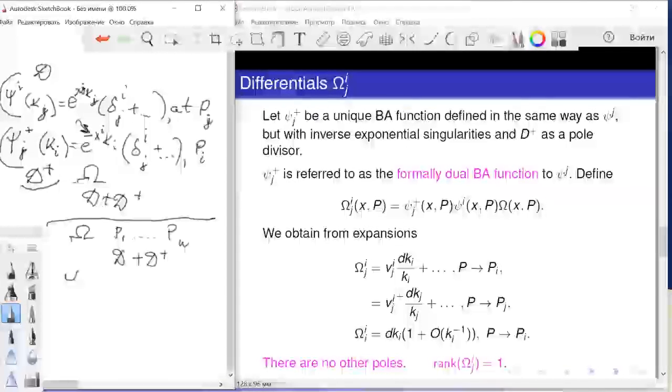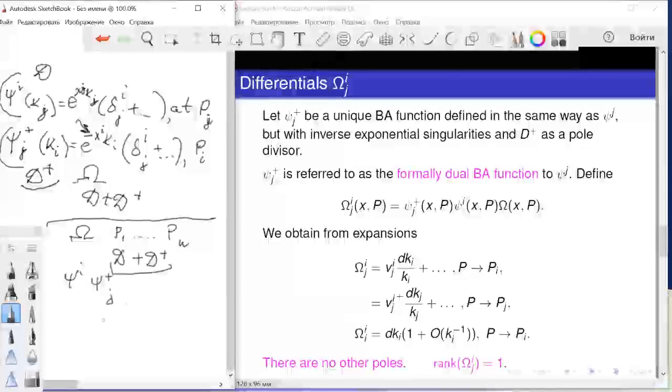The product psi_i psi cross j has this divisor as a pole divisor.